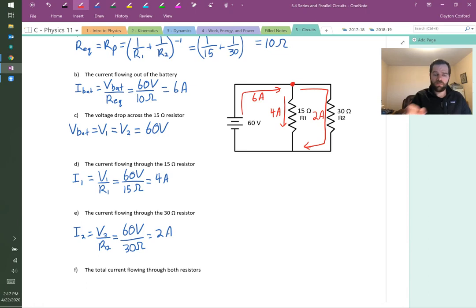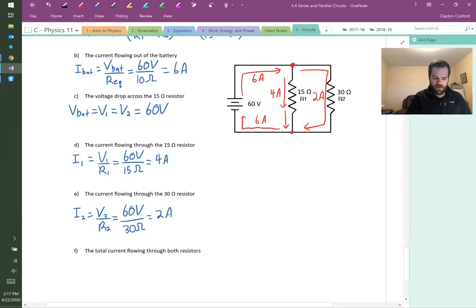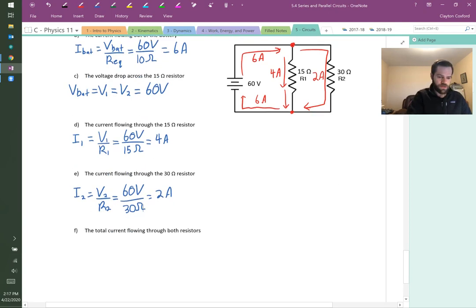And then what you would see is that once this 4 amps flows back down and the 2 amps flows, they will recombine back to 6 amps in this part of the circuit where the battery is. So what is the total current flowing through both resistors? I1 plus I2 is 4 amps plus 2 amps, and this is 6 amps, the current that is supplied by the battery.